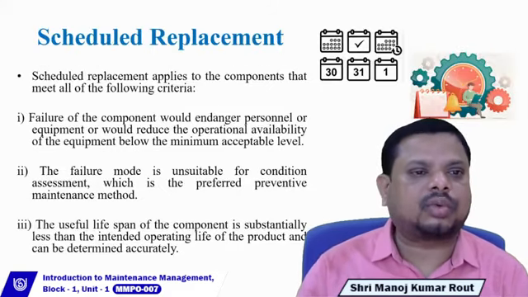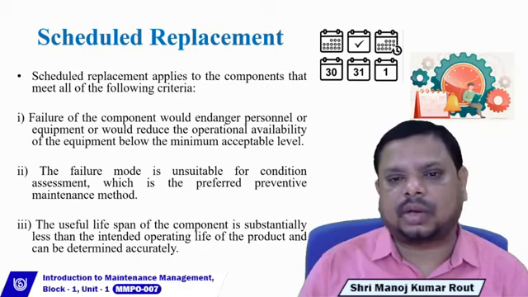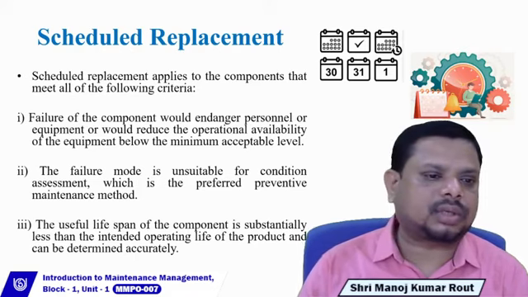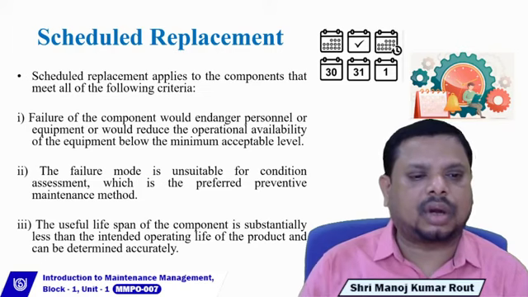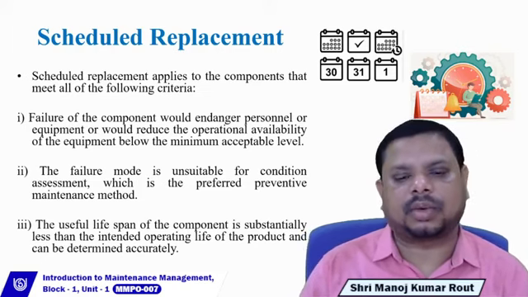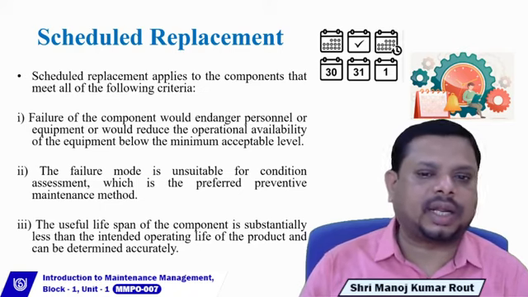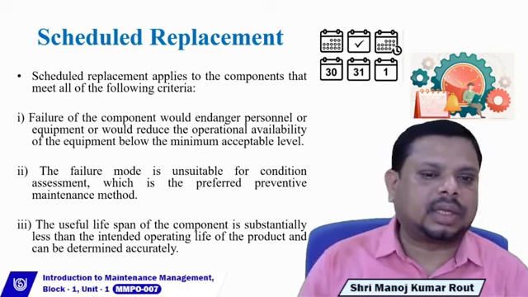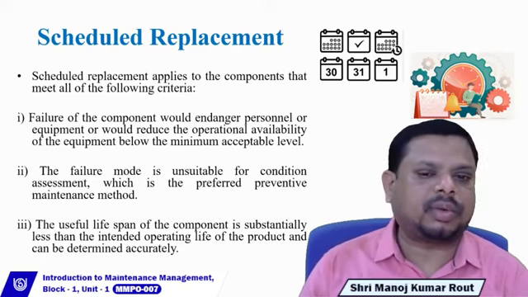Moving to the next one, we have scheduled replacements. Every organization applies scheduled replacement to various components. What are the criteria? The first one is that failure of the component would endanger personnel or equipment, or would reduce the operational availability of the equipment below the minimum acceptable level. When a person working on a machine finds that the equipment is going to develop errors, they can act to avoid availability dropping below the minimum acceptable level.